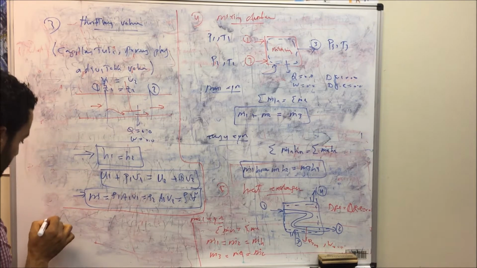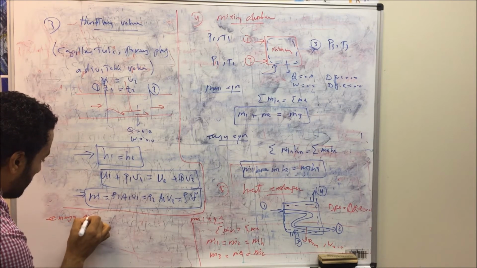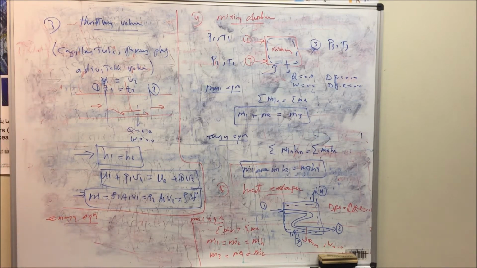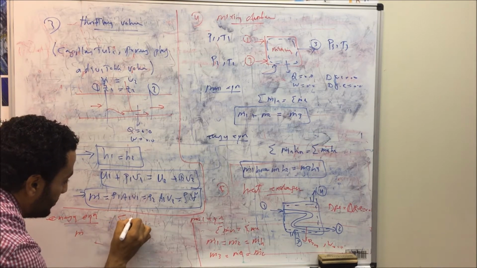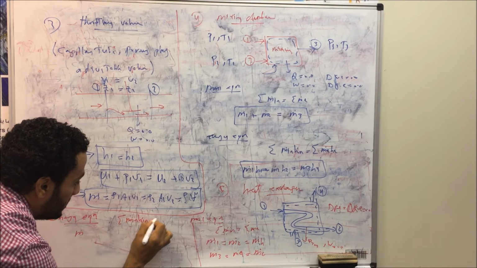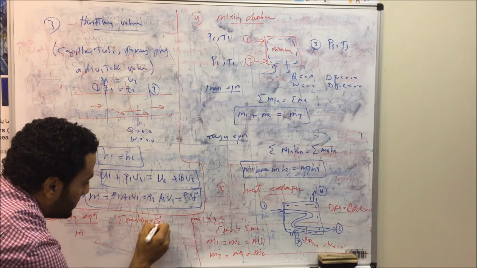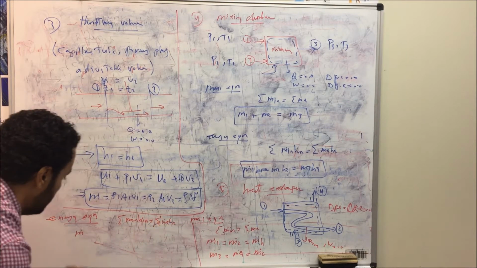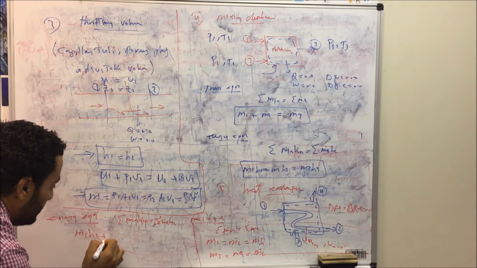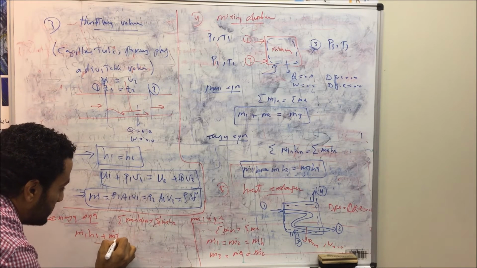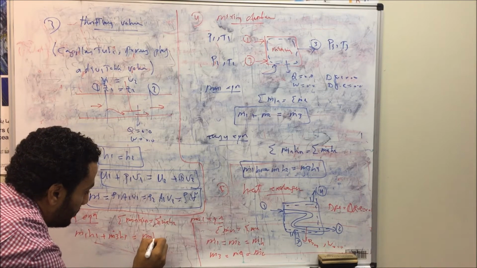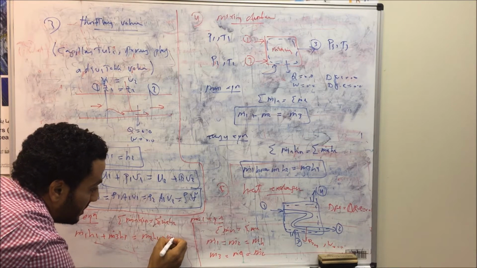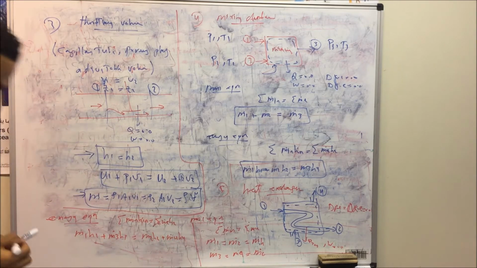And the energy equation will be reduced to the same summation of m dot inlet h inlet equal to summation of m dot exit h exit, so m dot 1 h1 plus m dot 3 h3 equal to m dot 2 h2 plus m dot 4 multiplied by h4.